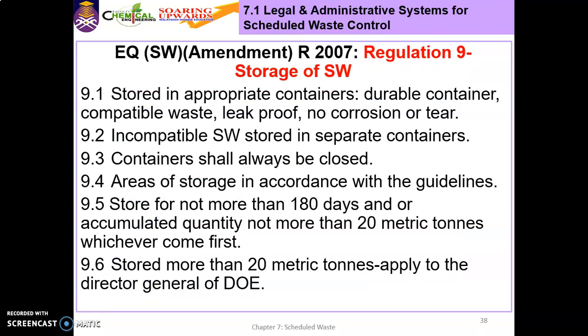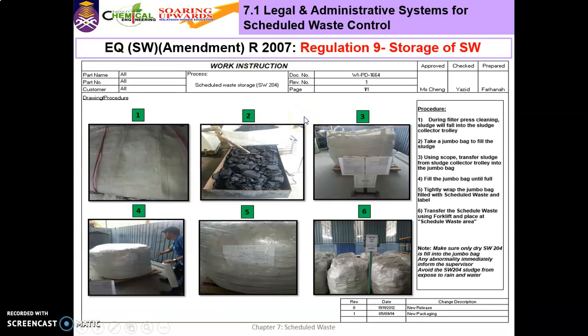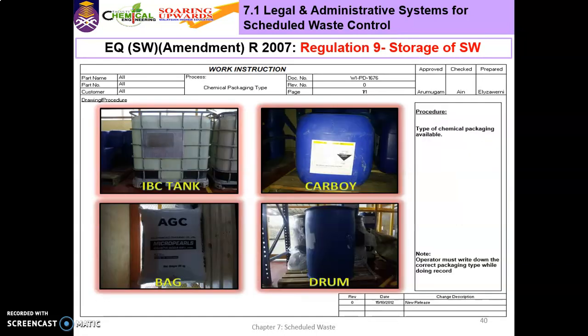Regulation number 9 is about storage of scheduled waste. The scheduled waste should be stored in an appropriate container. There are certain containers for certain scheduled waste. This is an example of a container. Different scheduled waste needs different containers.